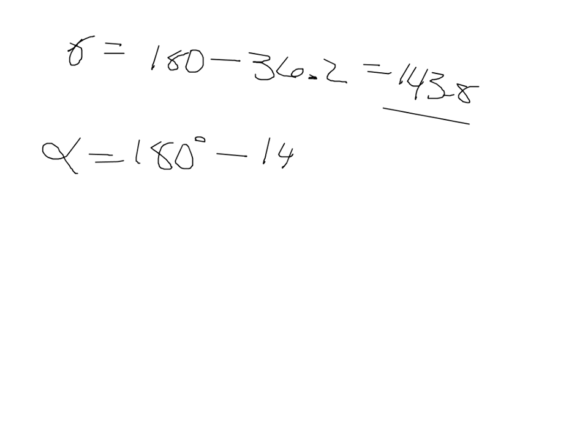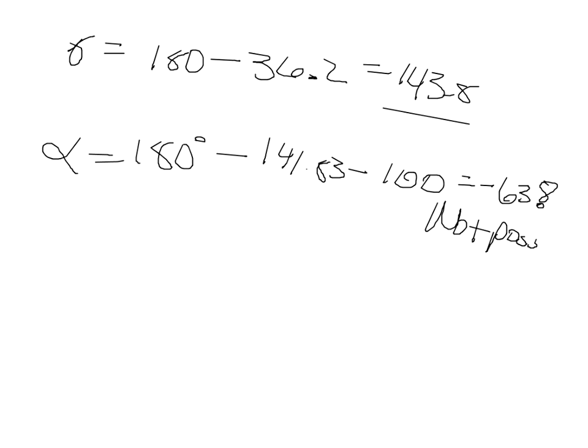So take 180 minus gamma minus the beta angle that I was given, and I get a negative value, negative 63.8, which is not possible. So there's only one solution.